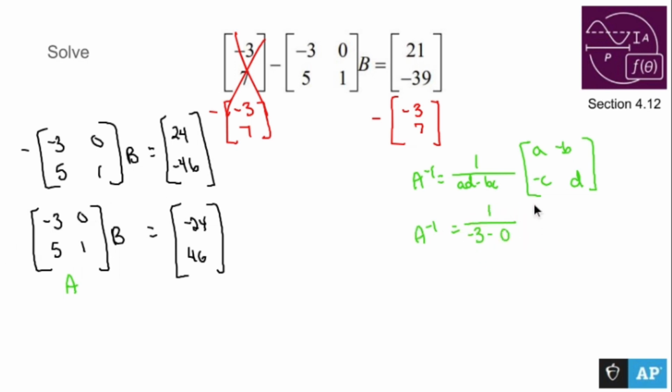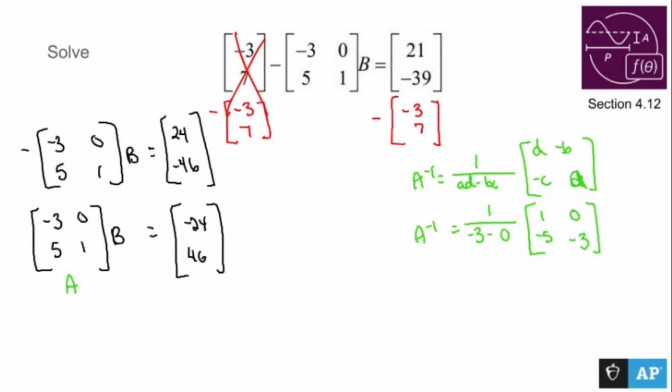Well, that's good news. Flip-flopping the A and the D, perfect, is going to look like 1 and -3. And then making the B and C negative is not going to do anything to 0, but it's going to make that 5 a -5.